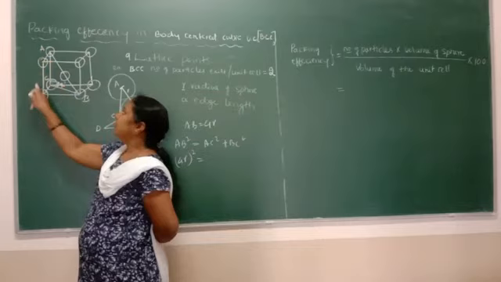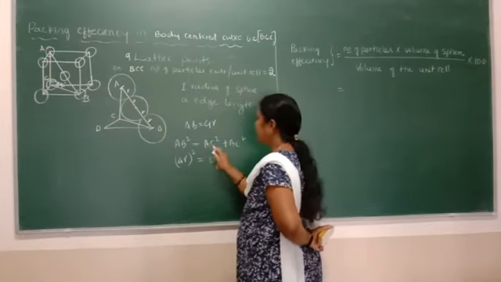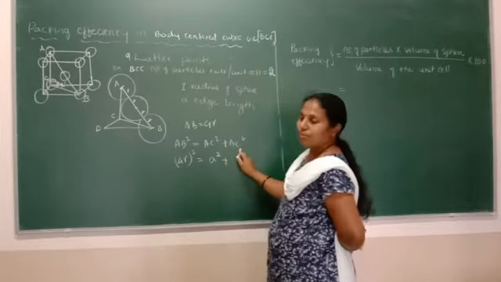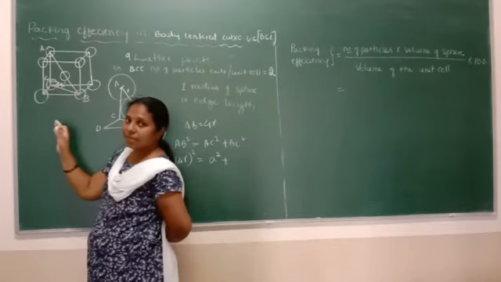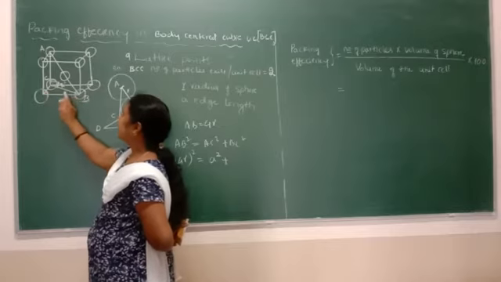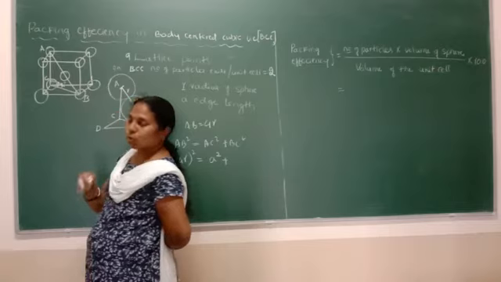AC is one of the edge lengths, whose value is A. So AC square is A square. Plus, what is the value of BC? BC is the diagonal, not the edge, so we don't know its value. To calculate the value of BC, we will consider one more triangle.